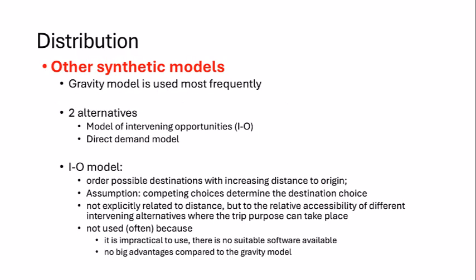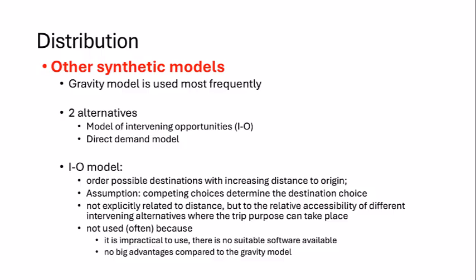Beyond the growth factor and gravity models, there are also synthetic models. The gravity model is by far the most widely used, but there are two alternatives worth mentioning. The first is the intervening opportunities model, which orders possible destinations by increasing distance from the origin. The idea is that the choice of destination depends not just on distance, but also on the availability of competing opportunities along the way.